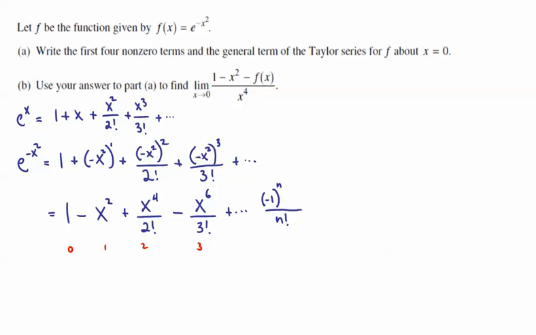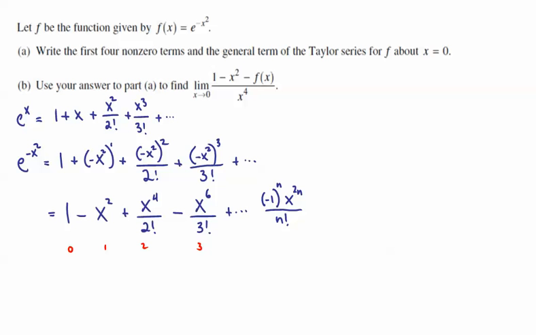Now, following this, it seems that the x's are just going to be to the 2n. So we have 0, 2, 4, 6 for terms 0, 1, 2, 3. Alright, so I think we have satisfied the requirements for part A.